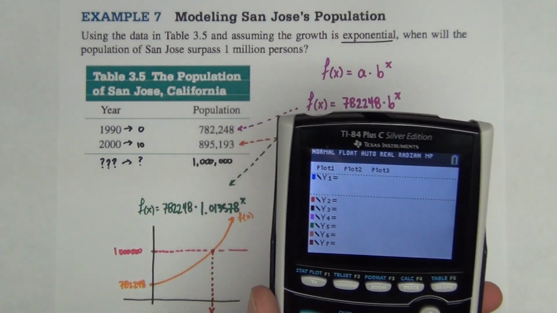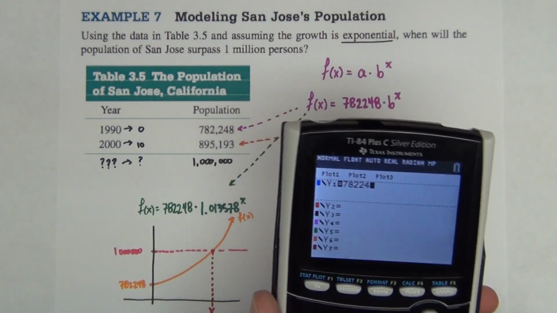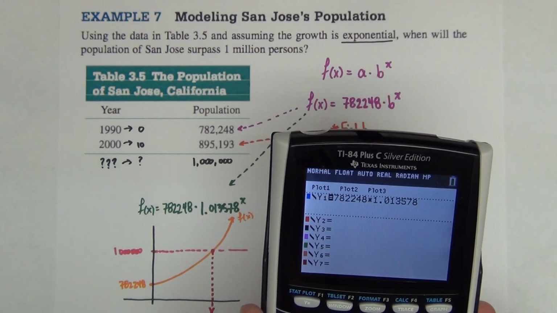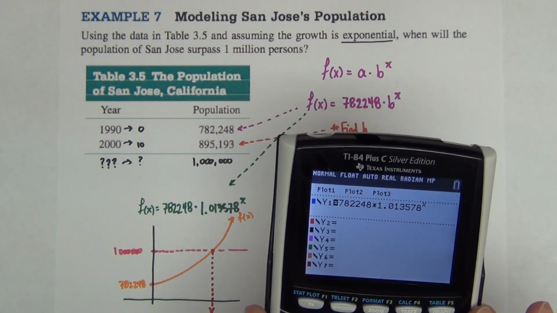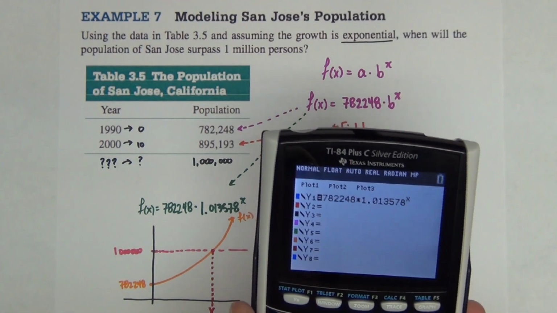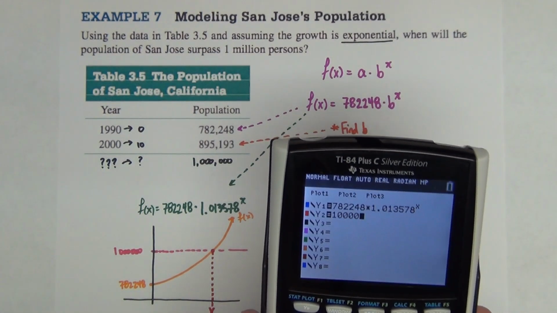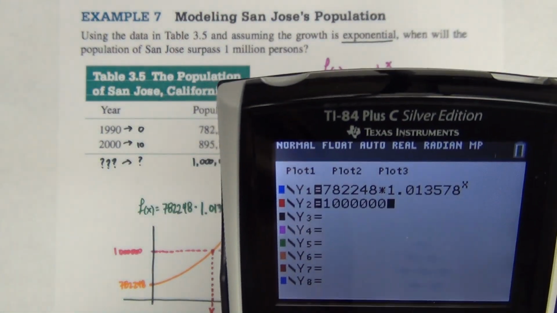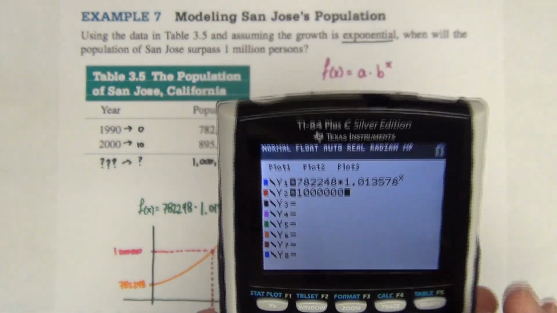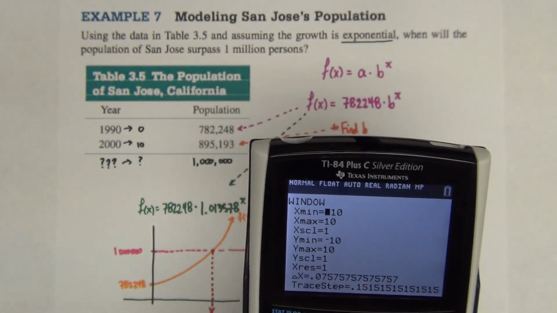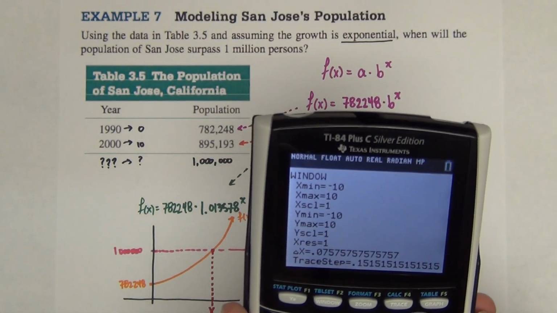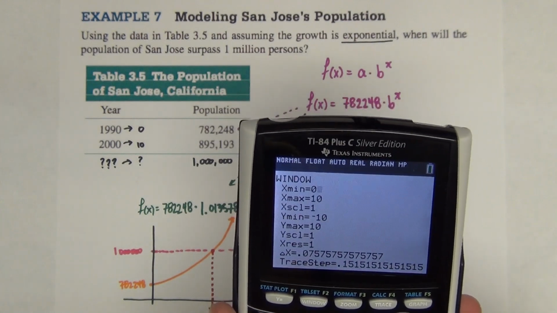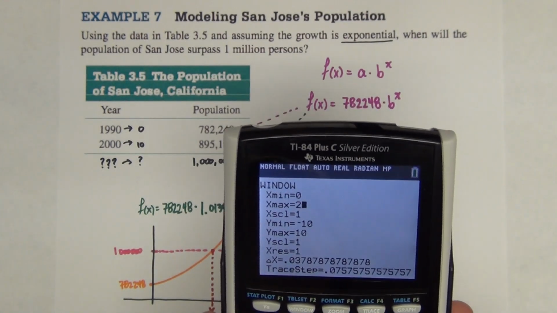So I begin by typing in the function. I'm also going to type in the other y value of 1 million. So you can see I've got them both typed in. Before I hit graph, I'm going to adjust my windows. My x values, I'm just going to go 0 to 20.